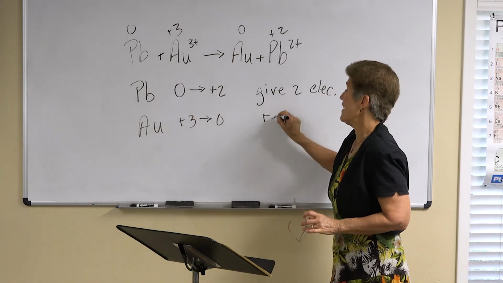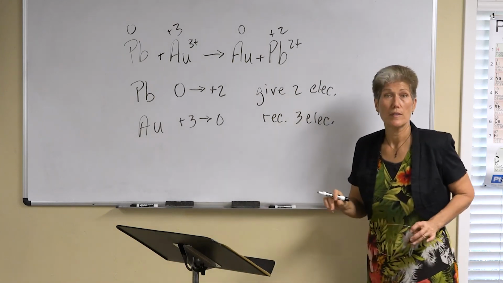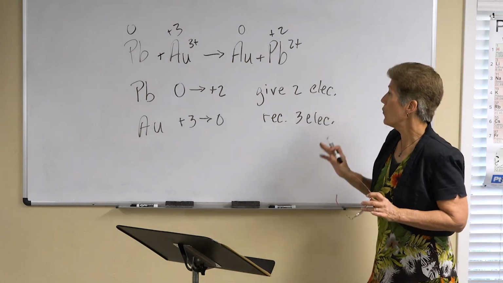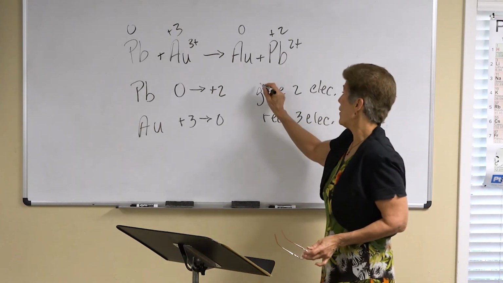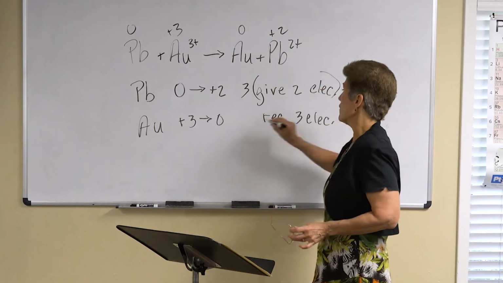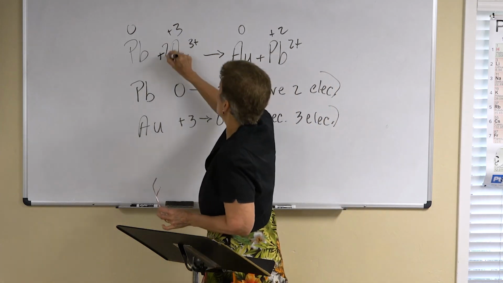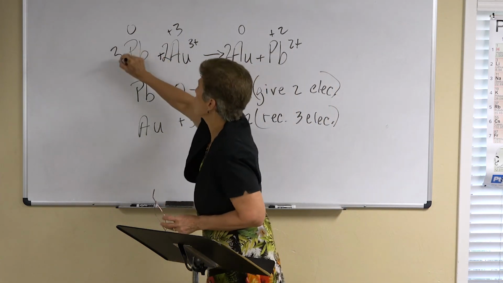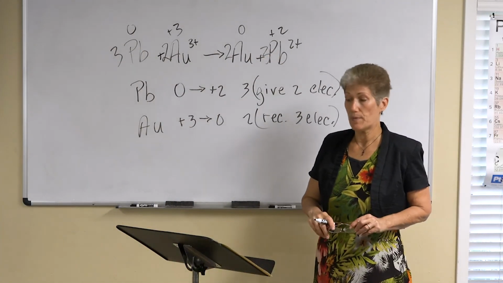It is receiving 3 electrons, isn't it? And so the lowest common multiple here is 6. So if we do a 3 on this and a 2 on this, we'll be safe. So we're going to give the golds 2s and we're going to give the leads 3s. And if we do that, then our charges will be balanced.